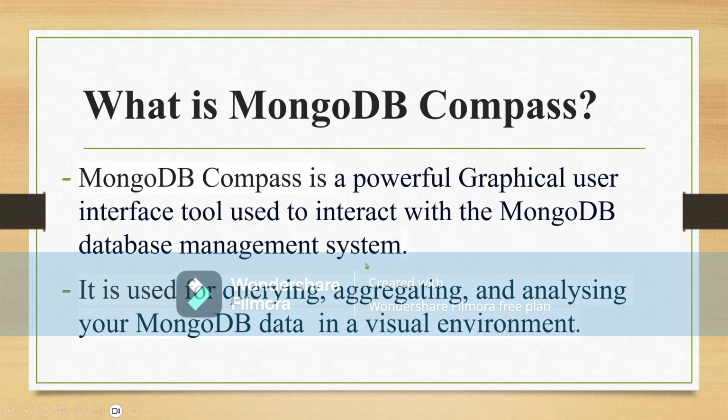Means to interact with the MongoDB management system, we need a kind of graphical user interface, and that graphical user interface is nothing but like a form which is used to insert data into the database management system. Again, this MongoDB Compass is used for querying, aggregating, and analyzing your MongoDB data in a visual environment.